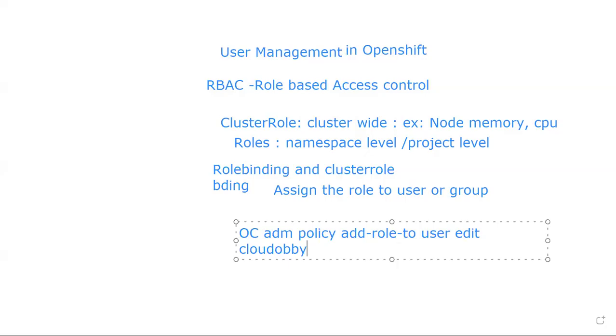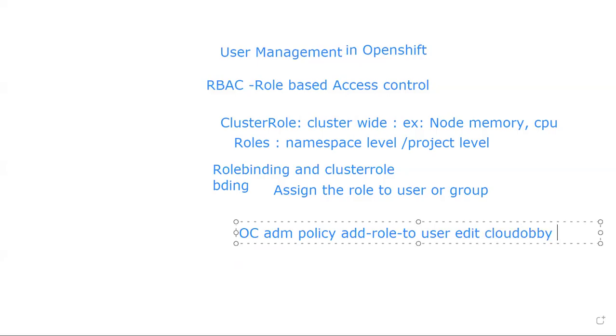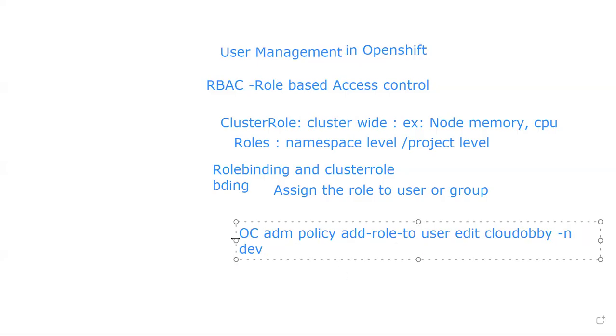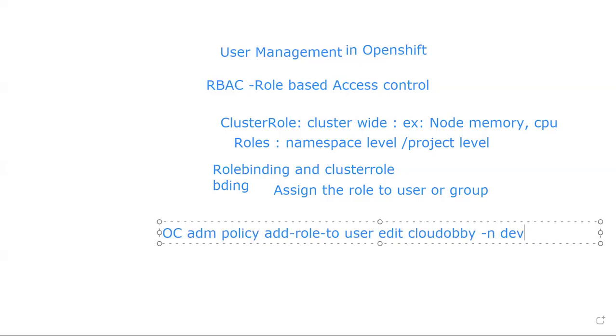Then you have to give the namespace, for example, -n dev. This way you can add the role for a particular user, or you can do it from the console also.